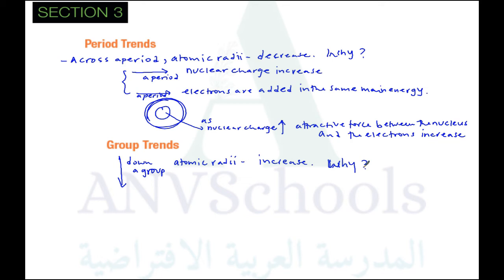So similar to this one, a new main energy level appears. So this indicates that whenever a new main energy level appears, it means the electrons are getting far.